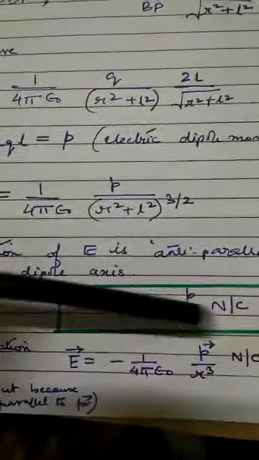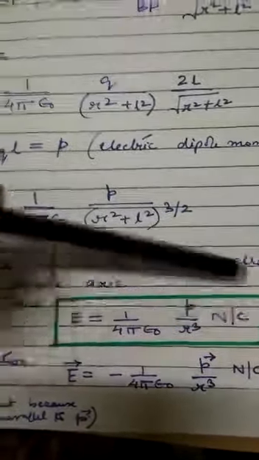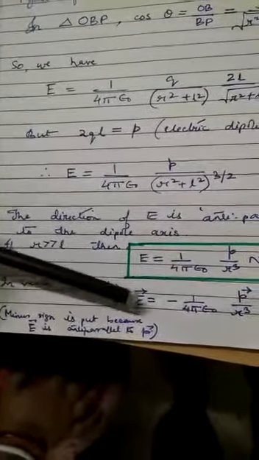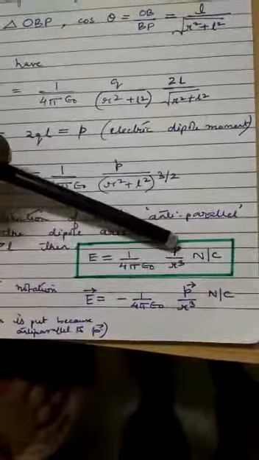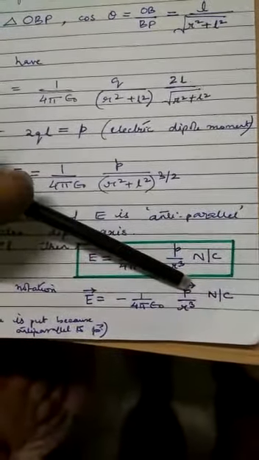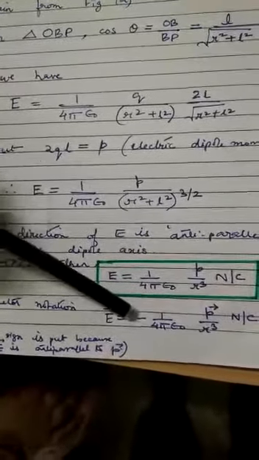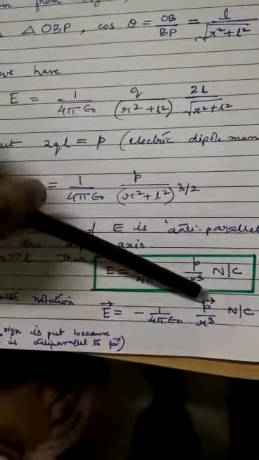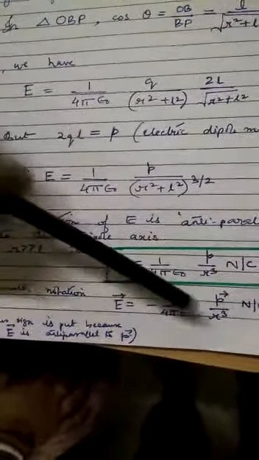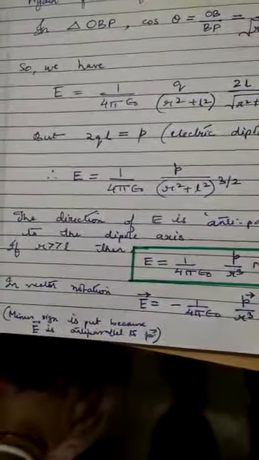So r cube. Unit is Newton per coulomb. This is our final expression. If we want to write it in vector notation, we just put an arrow over p. Rest of the things same. This minus sign is because it is anti-parallel to this. So this is the expression for electric field.